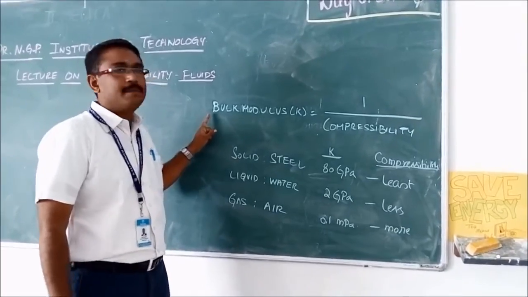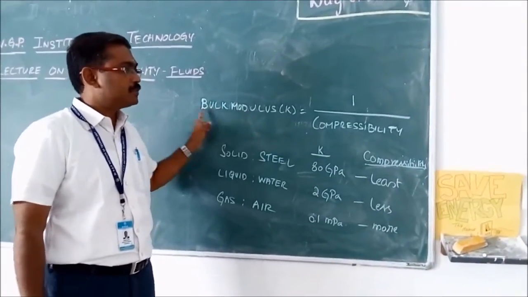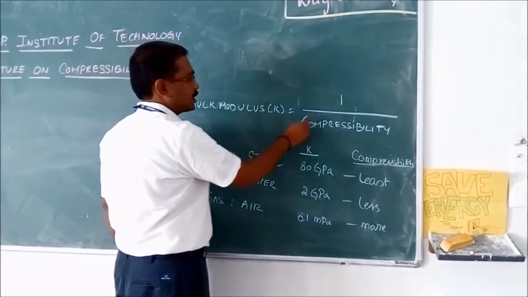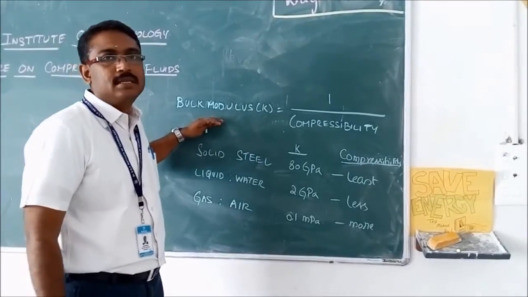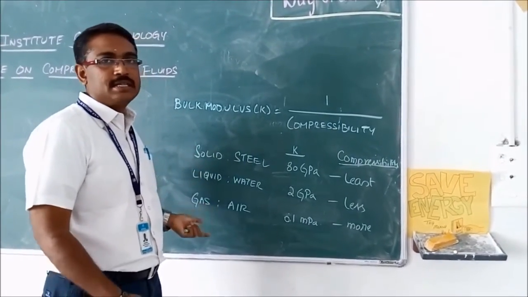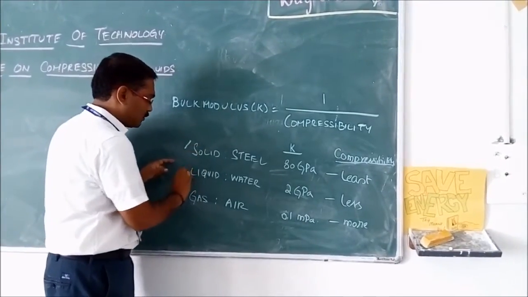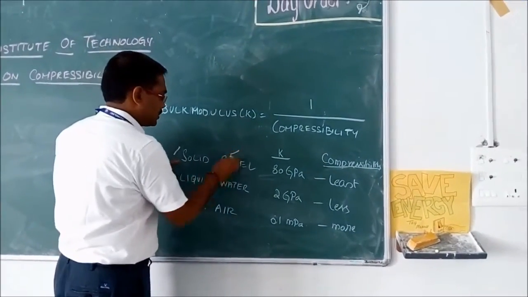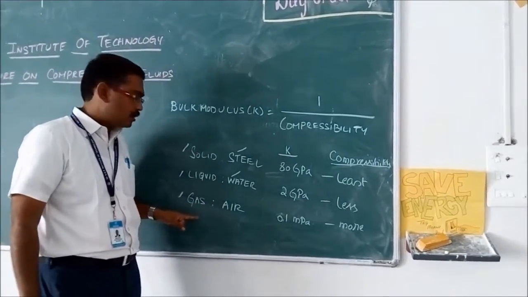In order to understand compressibility and another phenomenon called bulk modulus, the relationship is given by bulk modulus K equal to 1 by compressibility. Let's understand this relationship using three different states of matter: steel as an example for solid, water for liquid, and air for gas.